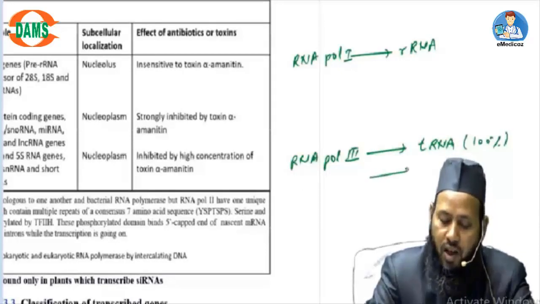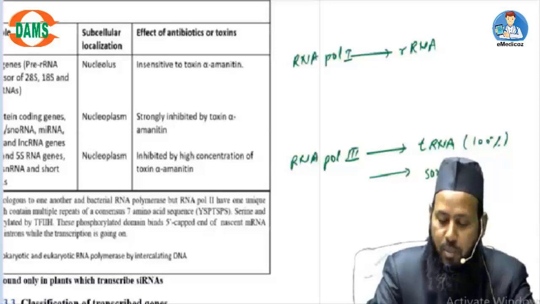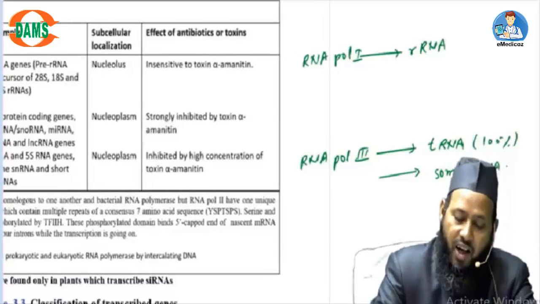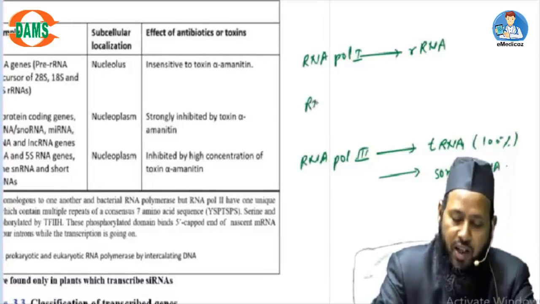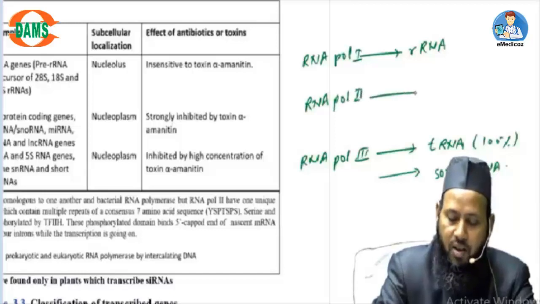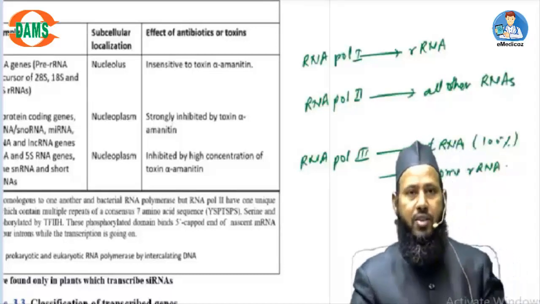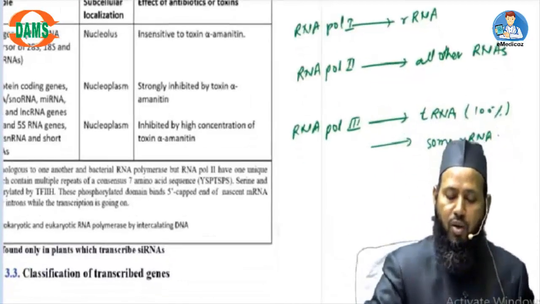RNA pol 3 also transcribes some ribosomal RNA, and for the rest, to make it a little bit simple, all other RNAs are transcribed by RNA pol 2.